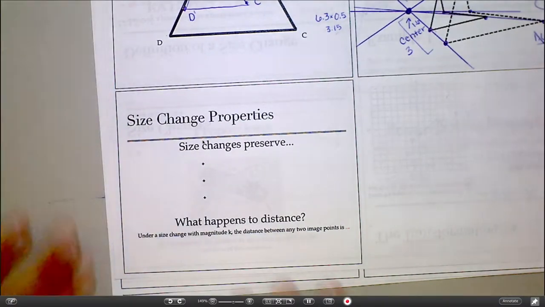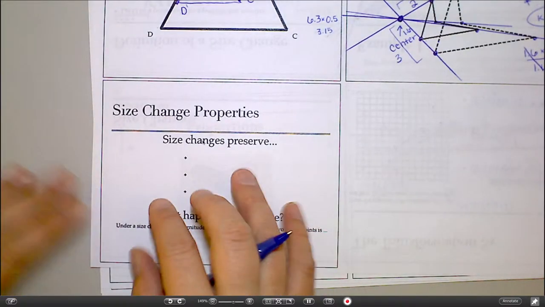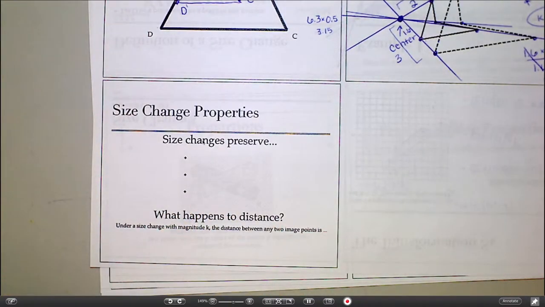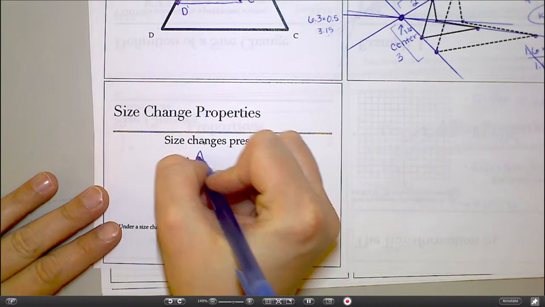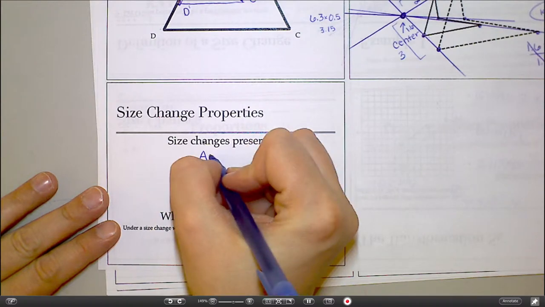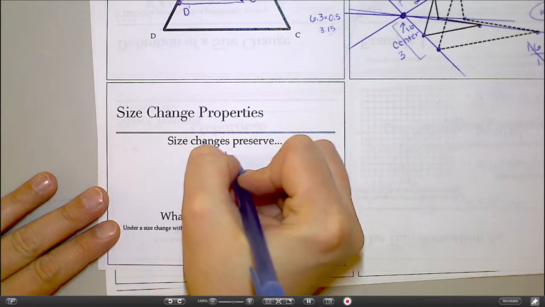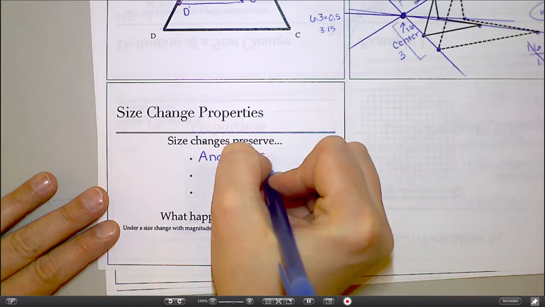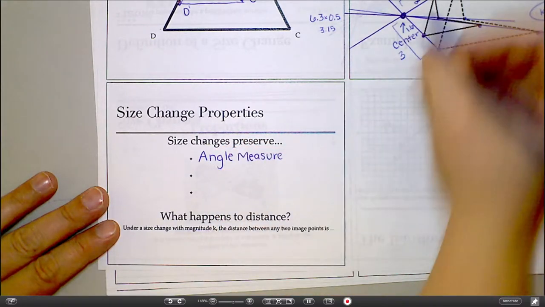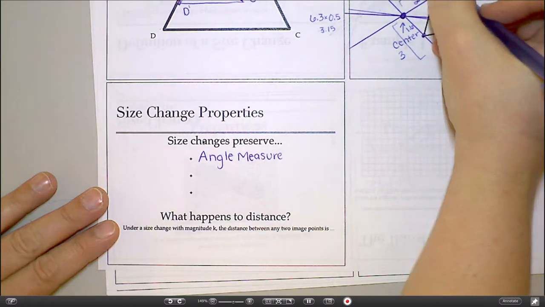And this goes back to when we talked about transformations, okay? Remember the A, B, C, D of transformations, the things that were preserved? What were they? Do you remember? A was for angle measure, yeah. All your angles stayed the same under a size change. Okay, so this angle is still going to be equal to this angle.